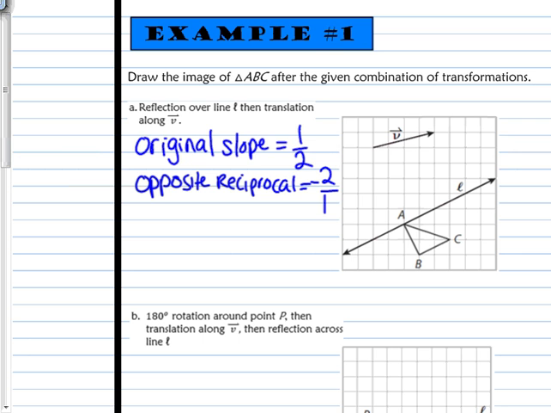And let me explain this a little bit more. So B, as you can see, the line from B to the line of reflection is right here. And so if I go down 2 and over 1, I have point B. So I need to find the point on this above the line of reflection that when I go down 2 and over 1, I'm going to end right here as well.